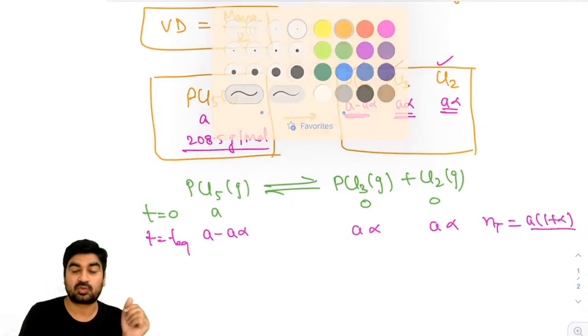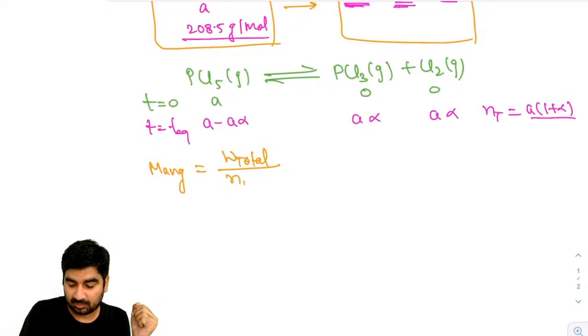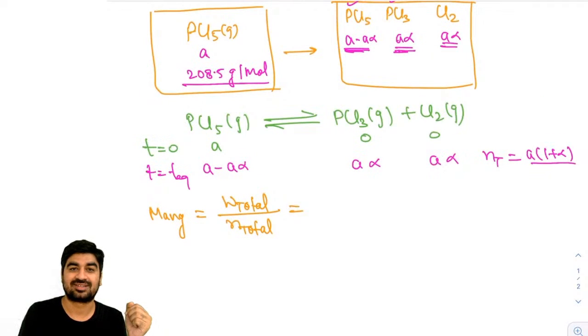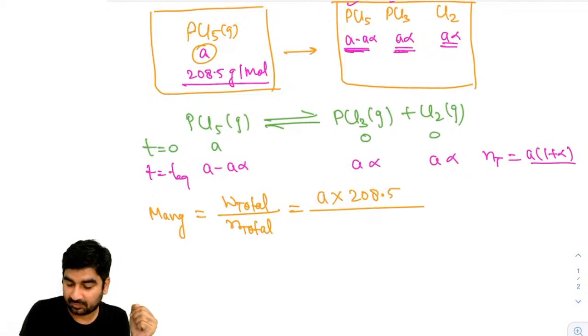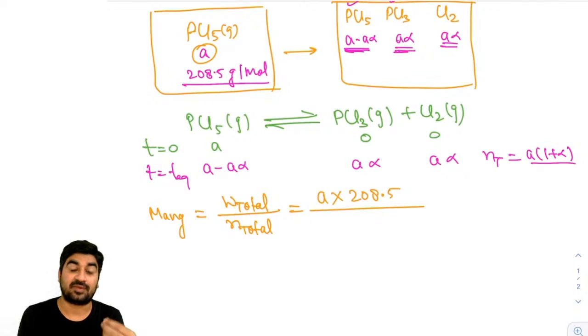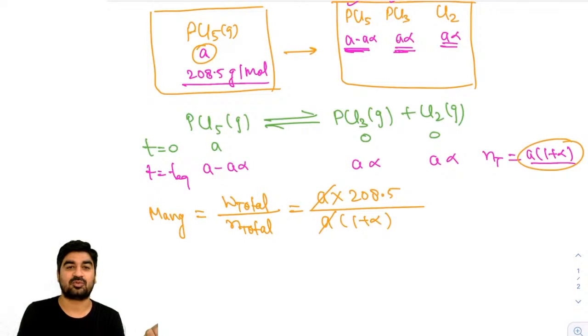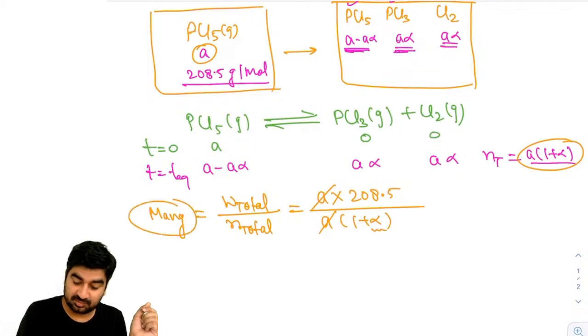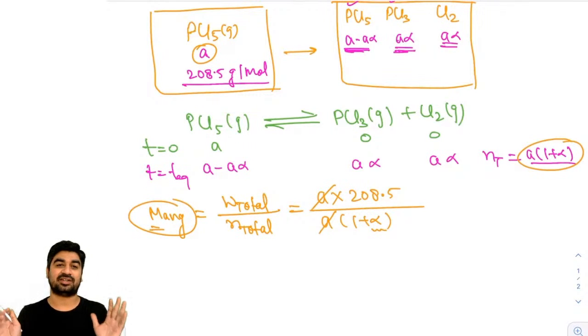Now if somebody asks you to calculate the average molar mass, M average will be equal to total weight upon total N. Total weight, if you take A moles, is A into 208.5, because the final mass is the same as the initial mass. Total moles have changed to A into 1 plus alpha, so A will get cancelled out. If alpha is given, you can determine M average. And if M average is given, then you can determine alpha.